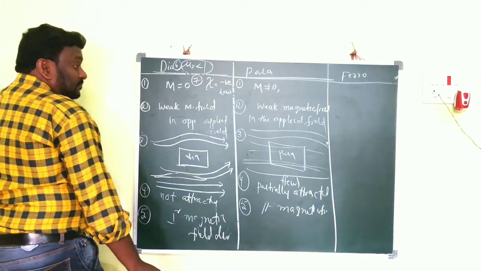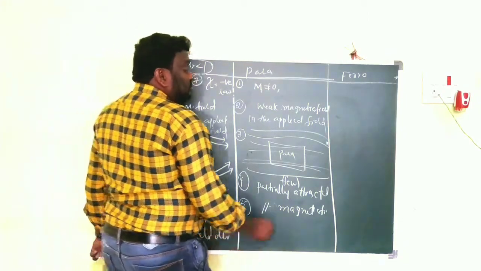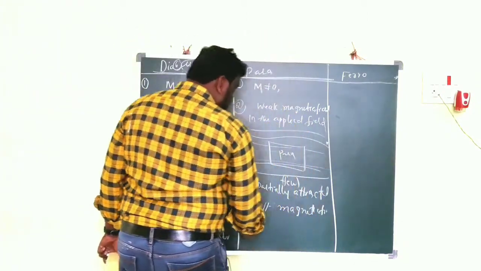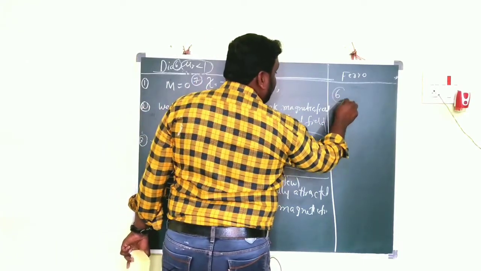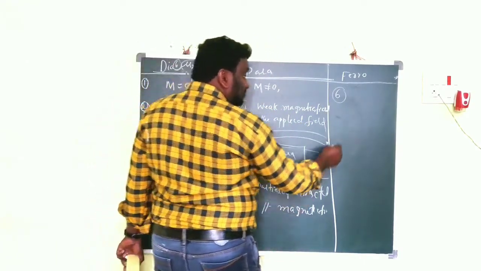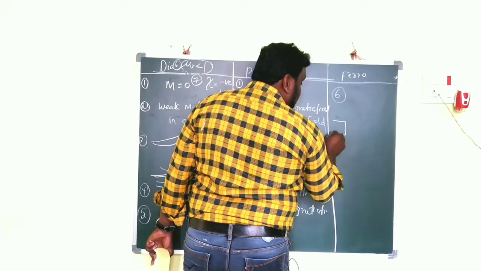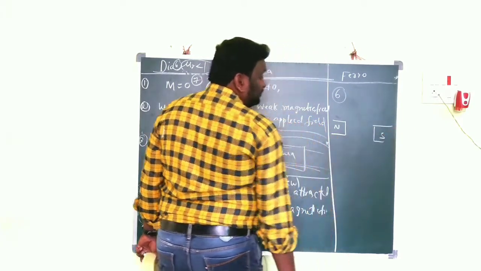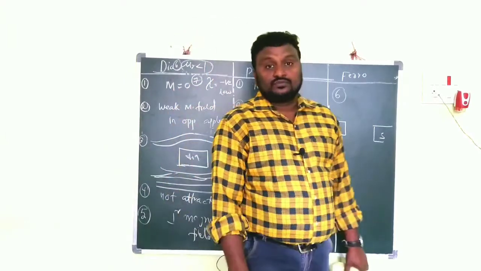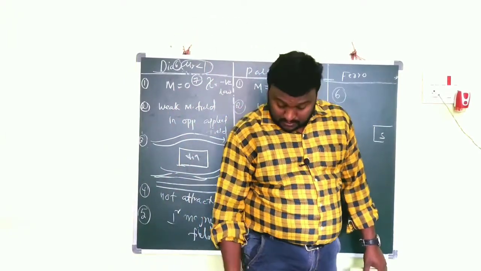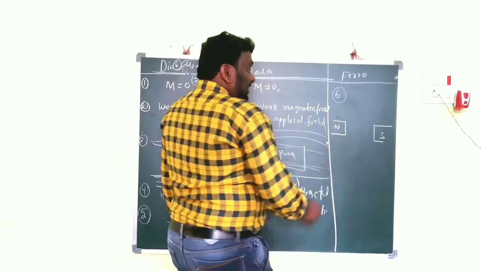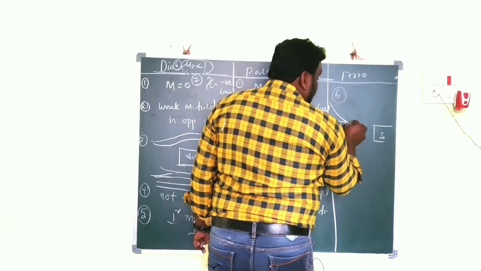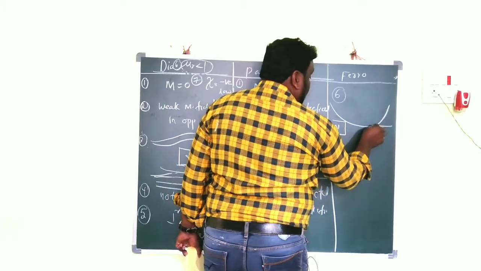And next thing children, you have to observe that if you take, this is 6 point in para, but there is no space, that's why I am writing here. We have taken this north pole and this one south pole. Clear? In case of, we have taken a crucible, one vessel.